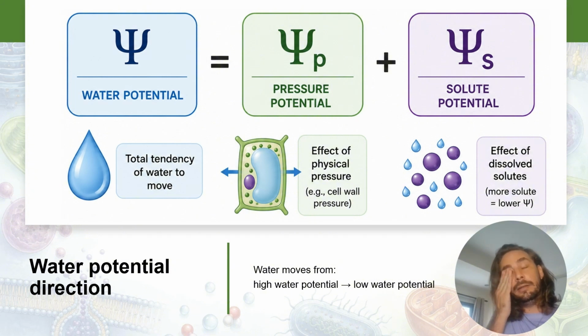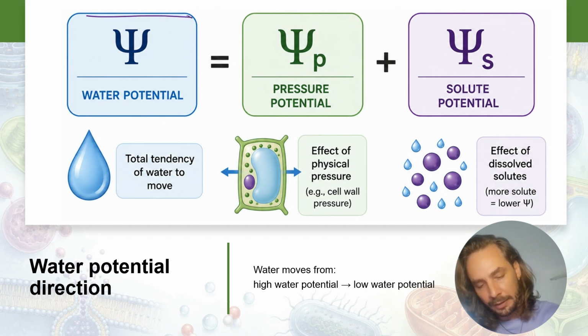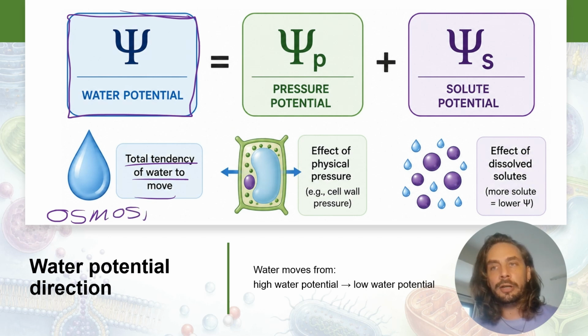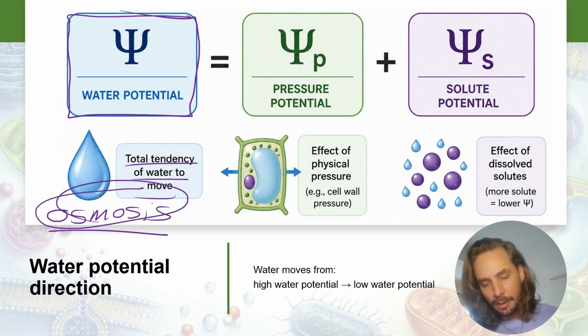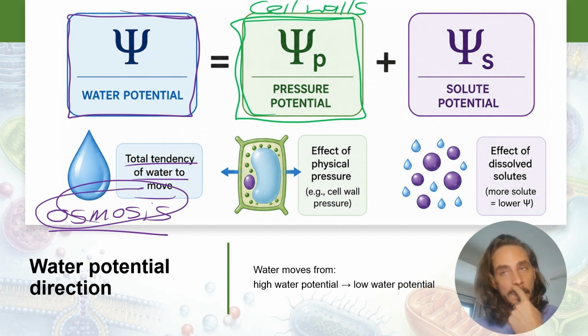Now, we link tonicity with the water potential. Water potential tells us about the tendency of water to move. And water that moves, we call osmosis. Very important. Now, to calculate the water potential, we use the pressure potential. The pressure potential is applicable to organisms that have cell walls.